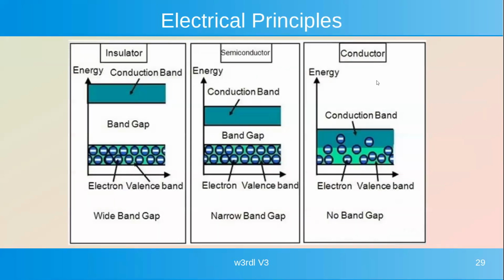This one is showing the difference in energy levels between conductors, semiconductors, and insulators. If you notice, this vertical axis is the amount of energy.